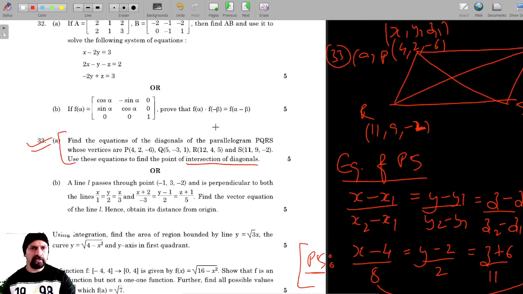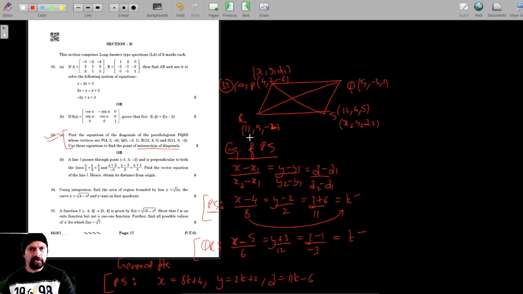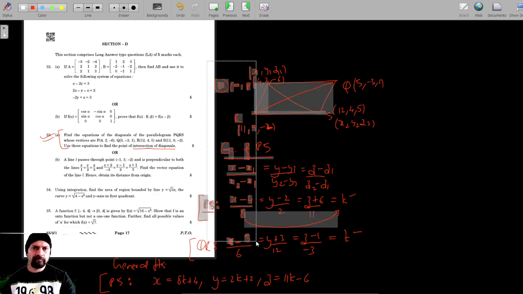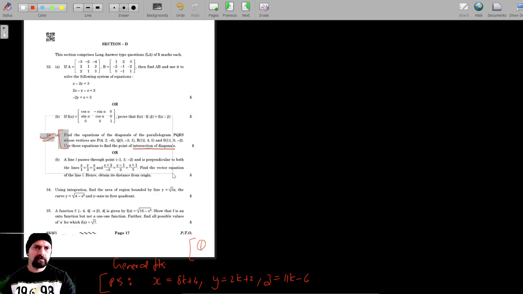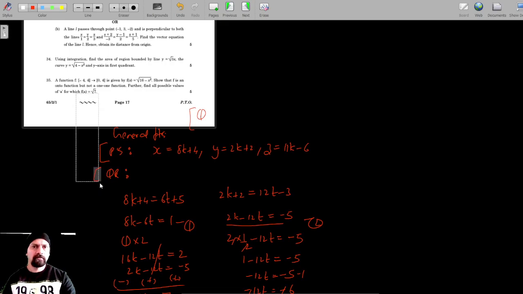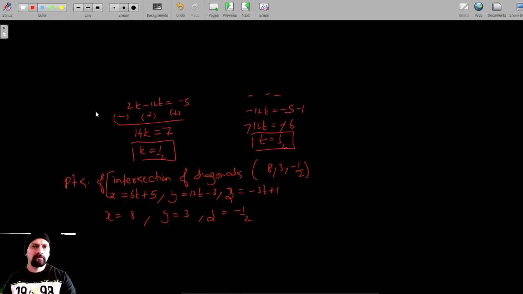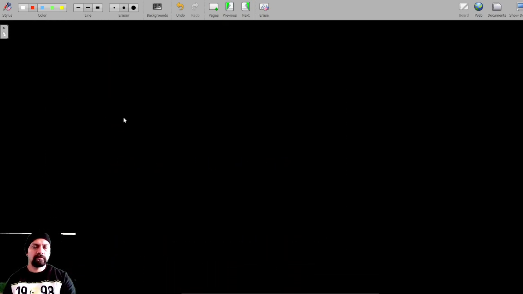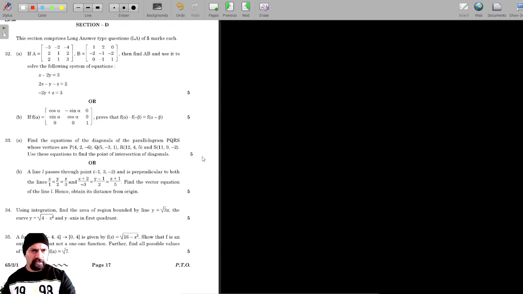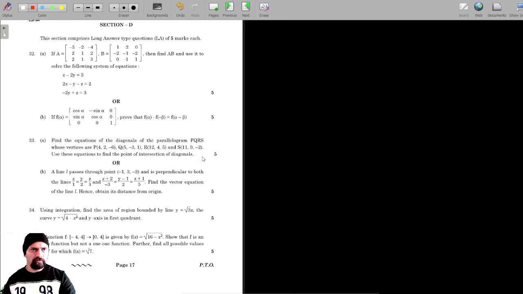Part B says that a line L passes through the point (-1, 3, -2) and is perpendicular to both the lines.